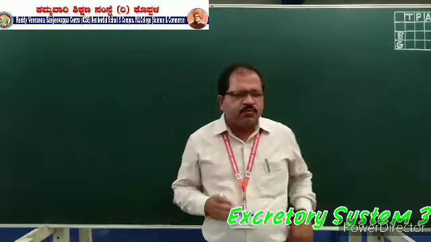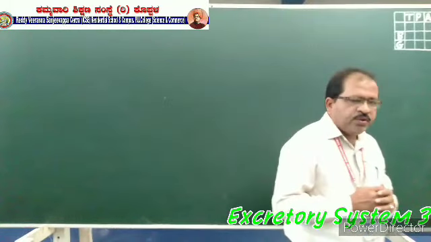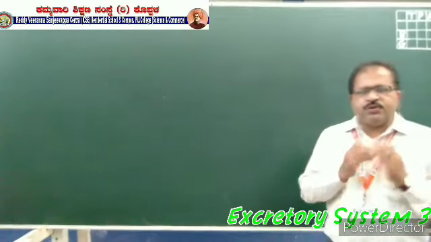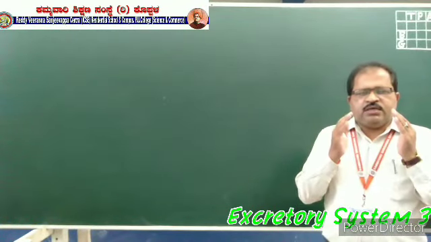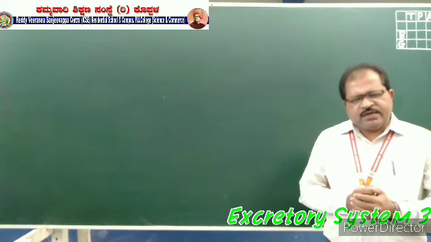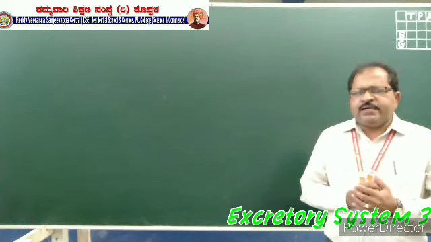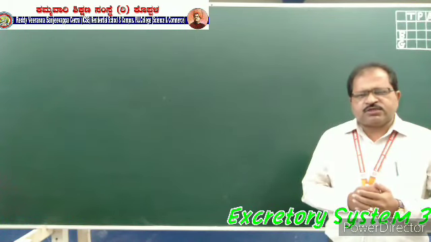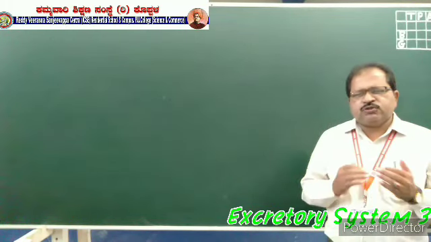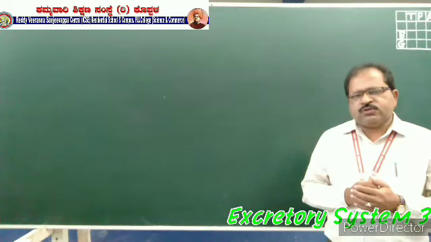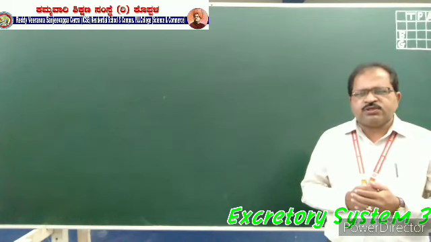So with regards to the excretory system, today we are going to discuss the internal structure of the kidney as well as the kidney tubules, the nephrons, that is, the structure of the nephrons. These 2 topics we are going to discuss today.